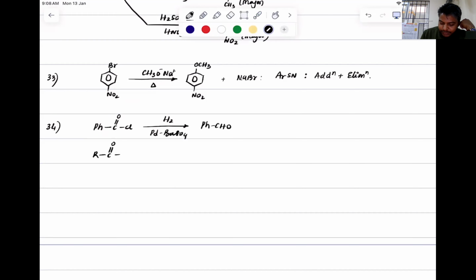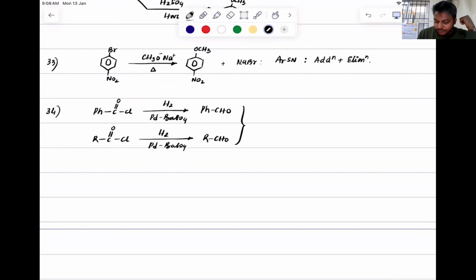So whether it is alkyl or aryl, if you react with H2 in the presence of barium sulfate, you will get RCHO. And this is what reaction, beta? This is Rosenmund's reduction. Rosenmund's reduction.